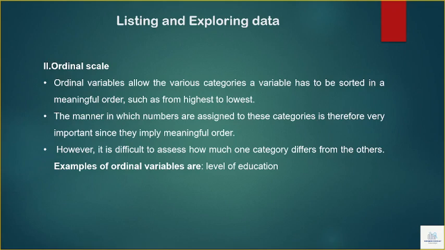You can also think of level of education: no education, primary education, secondary education, tertiary education. You are not sure of the value of how different they are, but you know that there is an order. One is higher than the other.